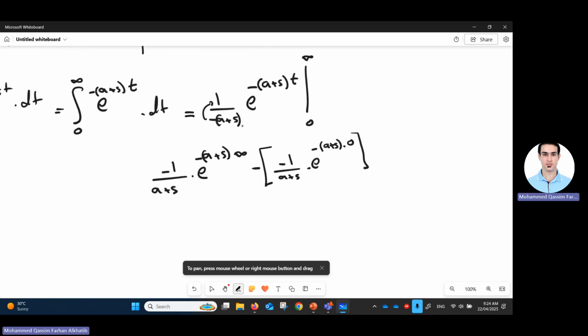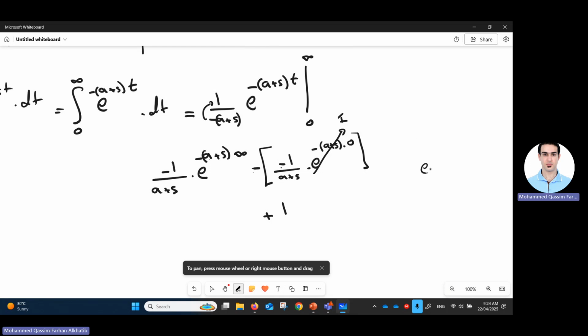So what will be the values that we are getting here? So this one simply, that's going to be 1. And I have a negative and negative, so I'm going to get plus 1 here. Now, what about this one? So simply you can say, okay, a plus s times negative infinity.